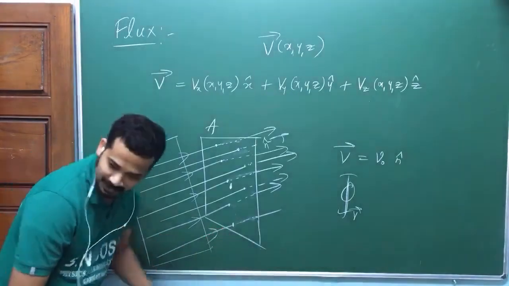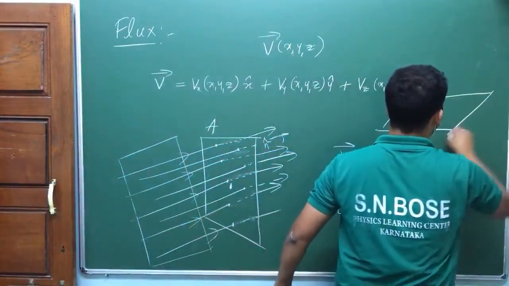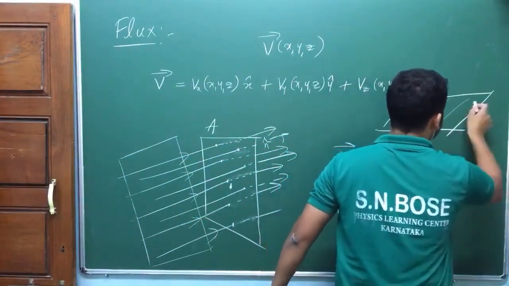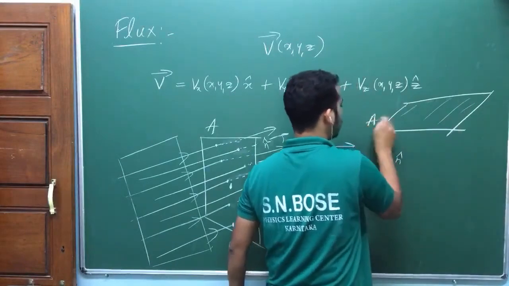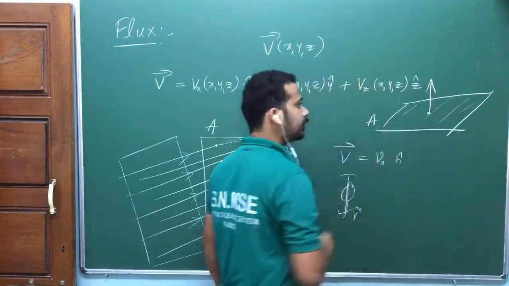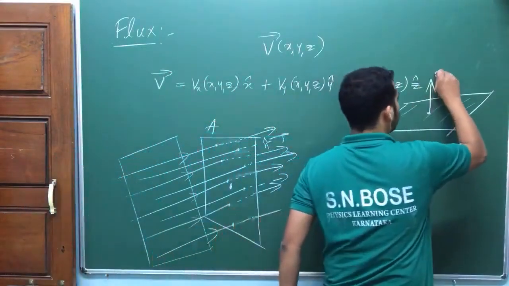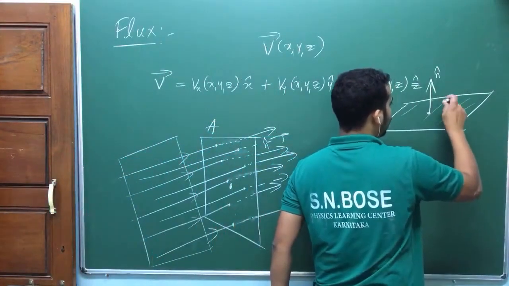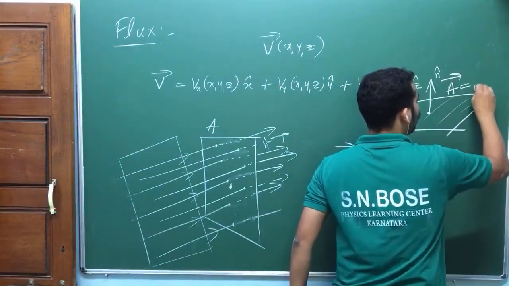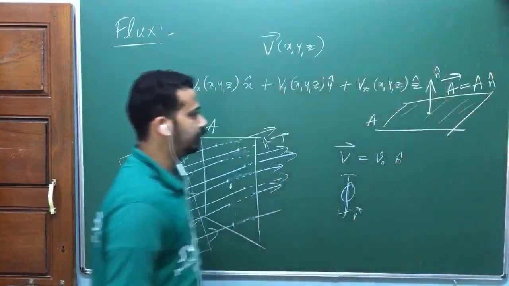If you have an area, the surface area magnitude is A. We define a vector perpendicular to that area. Suppose that direction is n cap. Then that vector, the area vector, has magnitude equal to the area itself, and direction perpendicular to the surface.